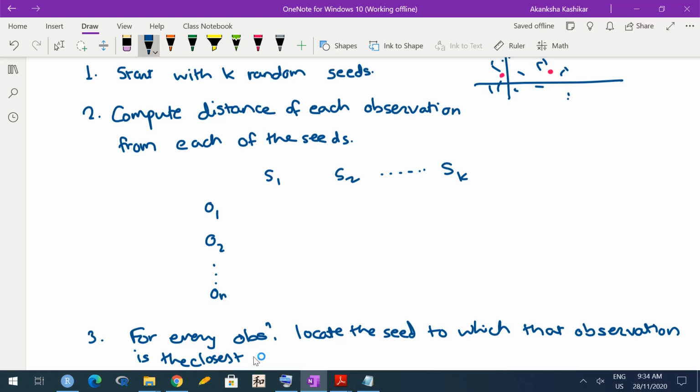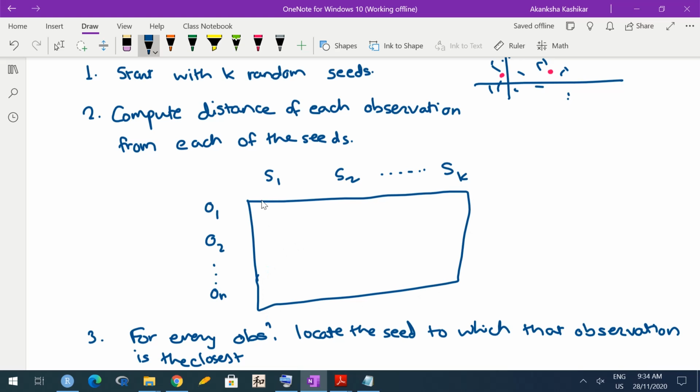What do we mean by that? In the table we talked about, we have to locate the minimum in every row.